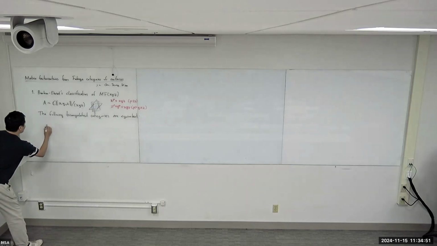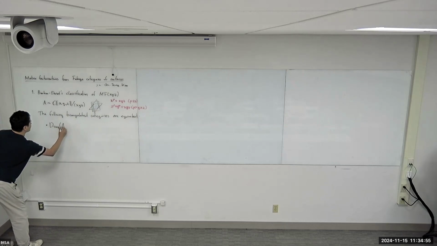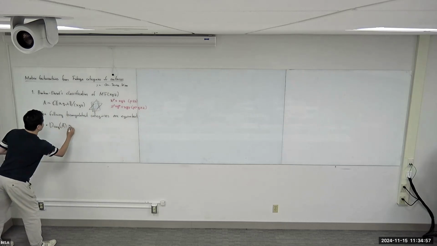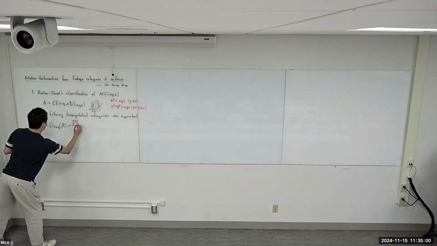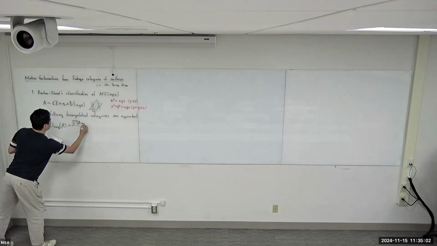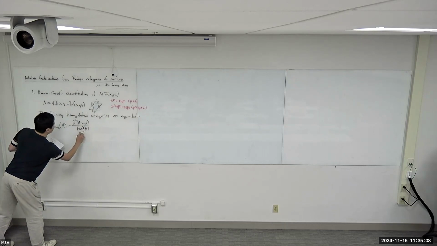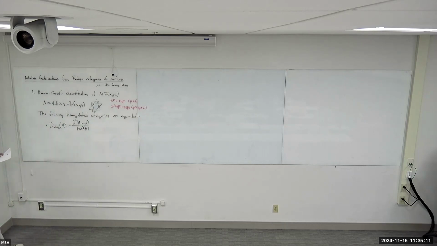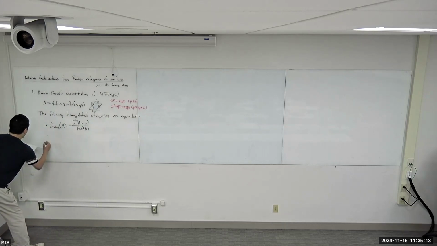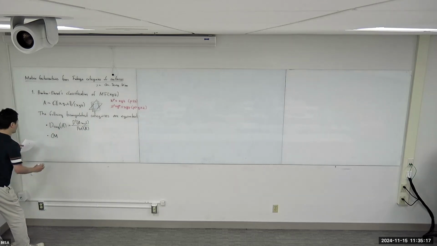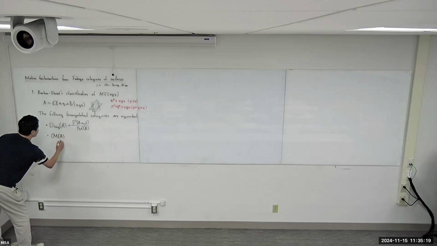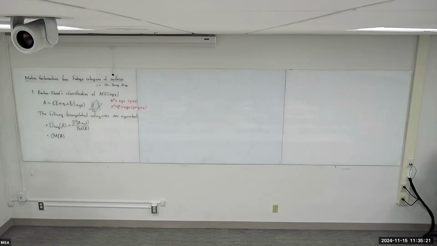First, we consider the singularity category of A, which is by definition given by a quotient, which most of the audience are familiar with. The second one is the category of Cohen-Macaulay modules, which appeared several times in this conference.